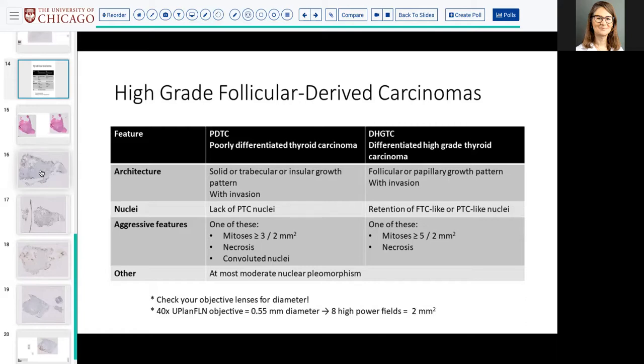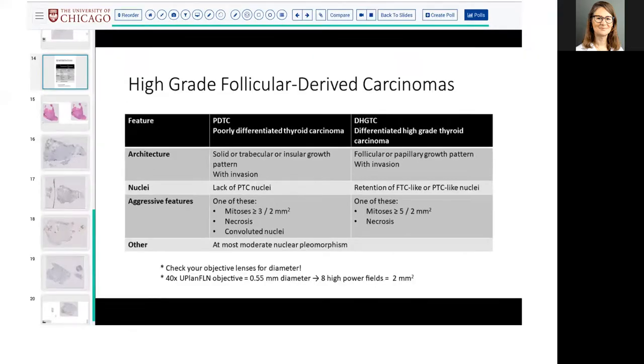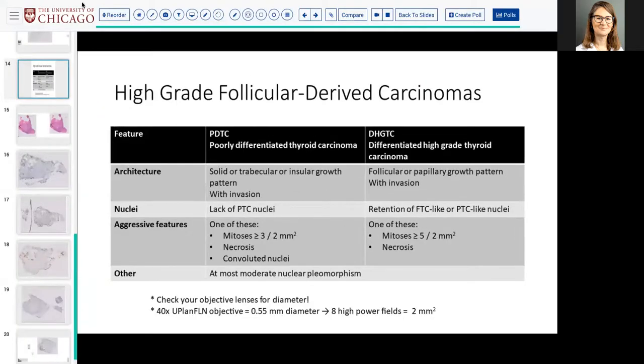So one thing I did not put on this chart, which I will add, is the fact that mostly the poorly differentiated tumors that fit the Turin criteria come with RAS mutations and are generally from a pre-existing follicular type of carcinoma. Usually, more often than not, the differentiated high-grade carcinomas come from a BRAF and are more of a PTC background.